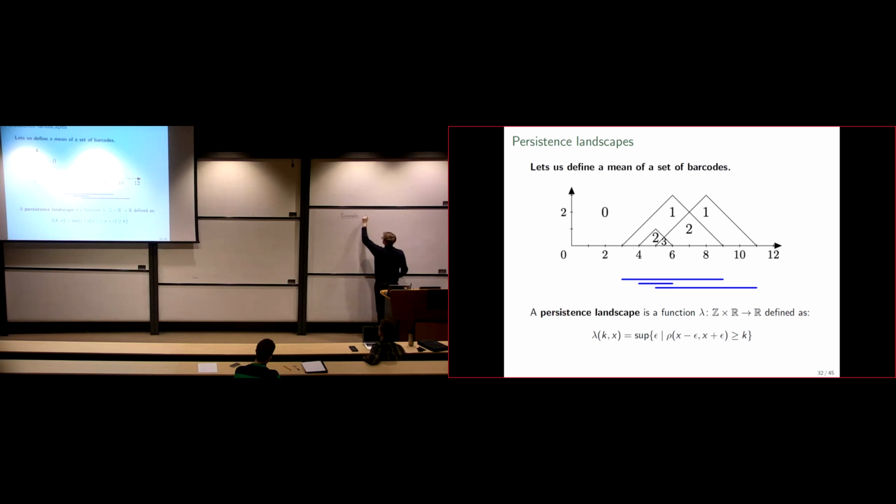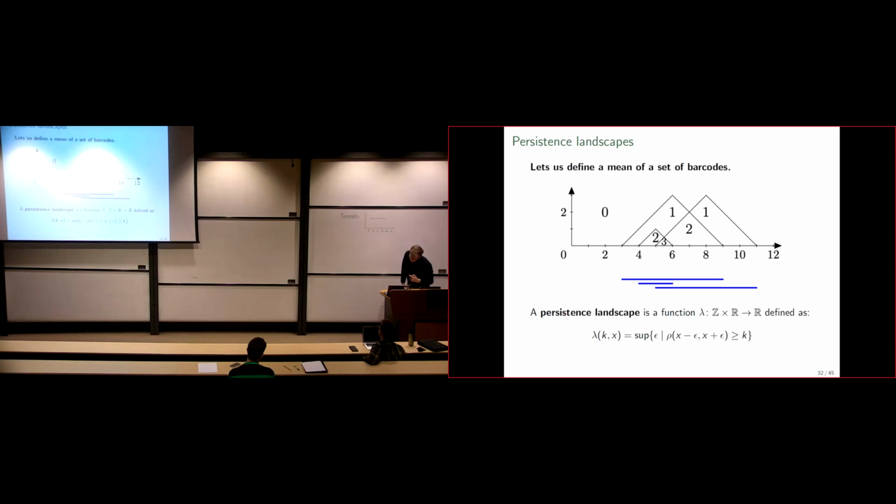All right, so we consider the barcode in the picture, and we will compute the persistence landscape as it was computed with these triangles.